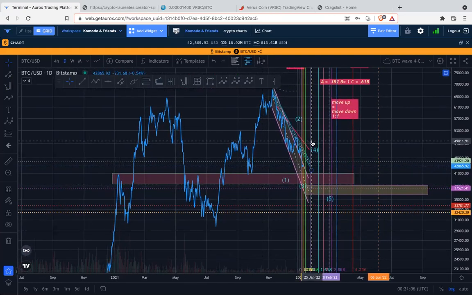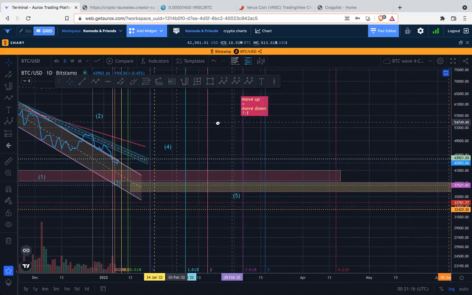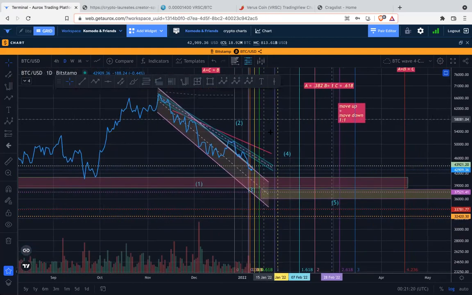Now, to be fair, I don't think I plotted these vertical lines using the daily chart. I think I might have used the weekly chart, but either way, they are close enough. And the fact is that we don't know if it's going to be one-to-one. 61.8% of this, that could be the end of the whole move, right?